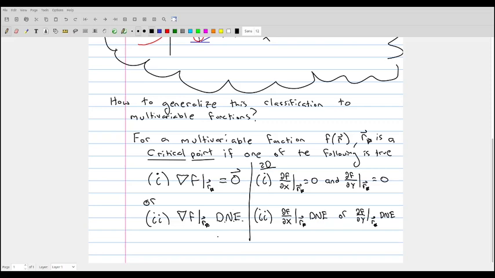A good example is the roof function. At certain points on the roof, or if you have a cusp, anytime you have a cusp on your surface. So for instance, let's say you have a surface, or a function of 2 variables with a surface that comes to some cusp, or some point right here.